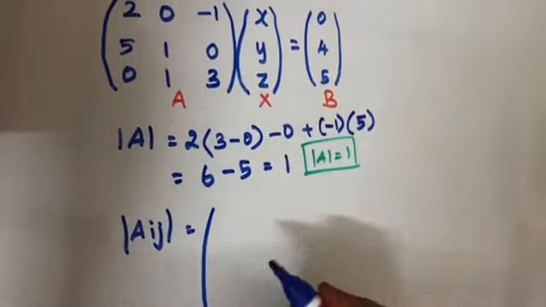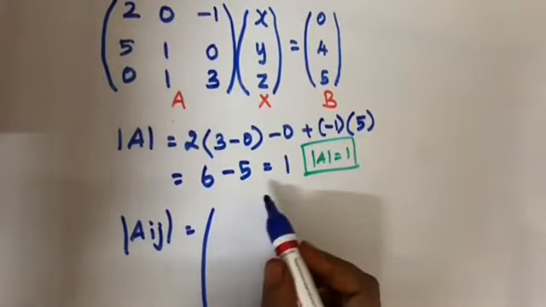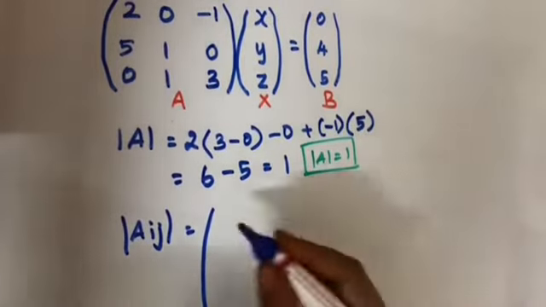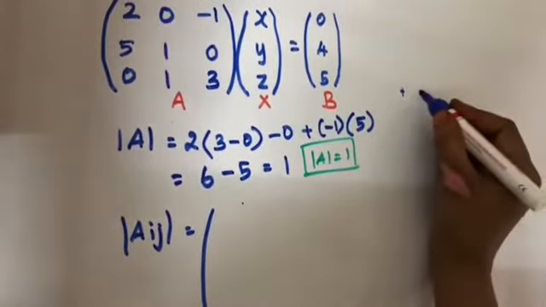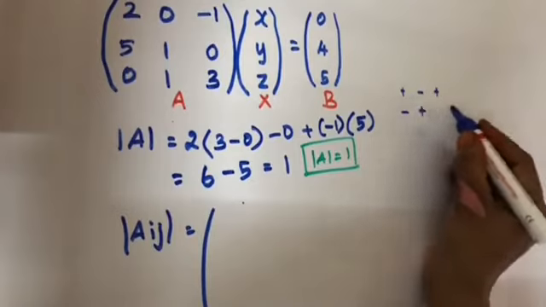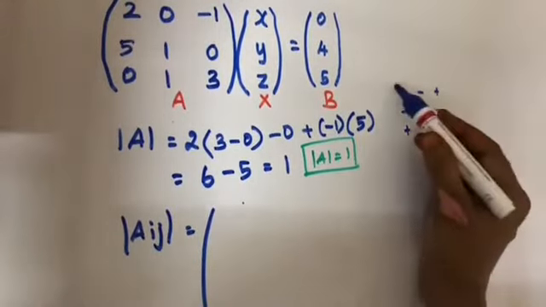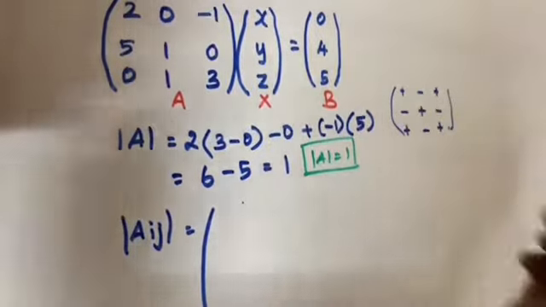So for 2, while writing the cofactor matrix also, the signs are changing alternatively. So first plus, then minus, again plus. In the second row, minus, plus, minus. In the third row, plus, minus, plus. This is the general form of the cofactor matrix for a 3 cross 3 matrix.